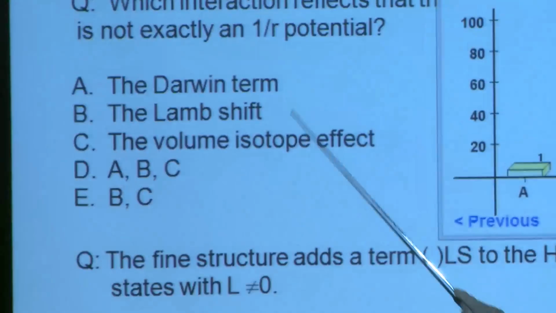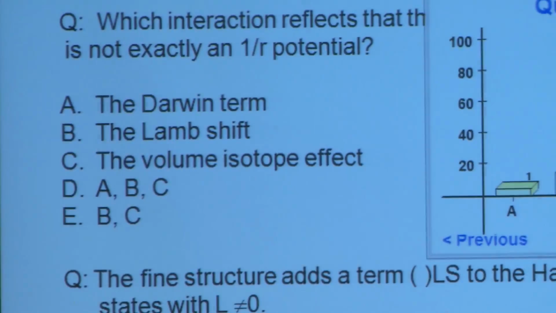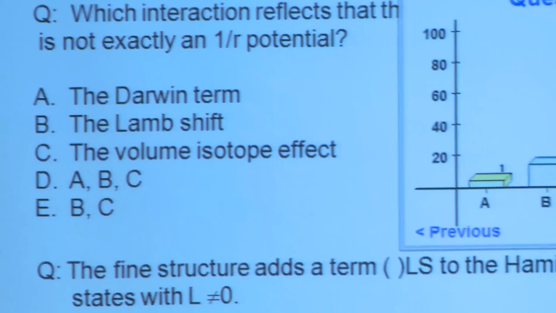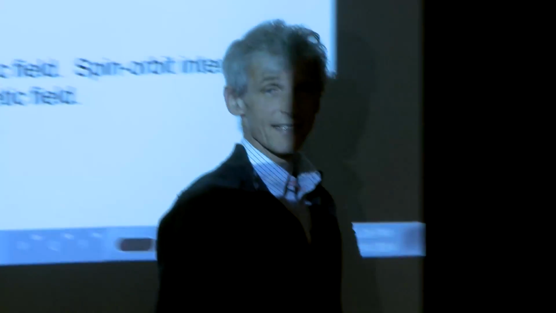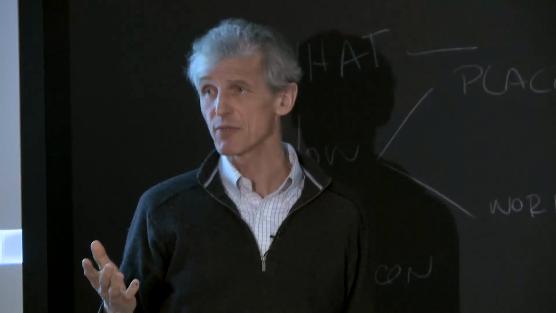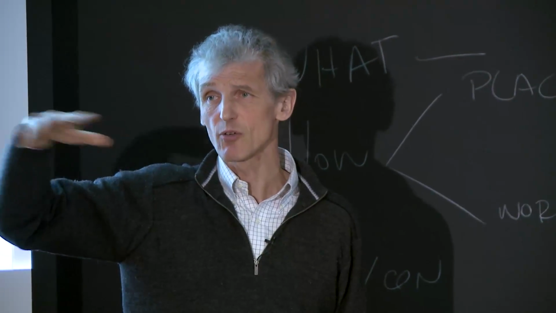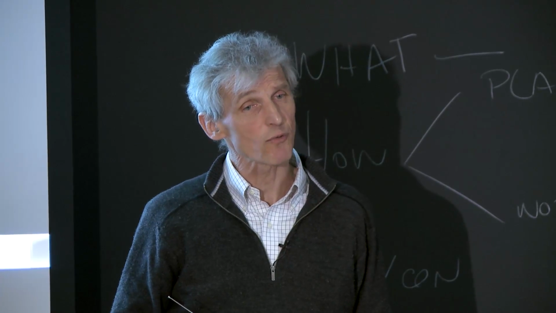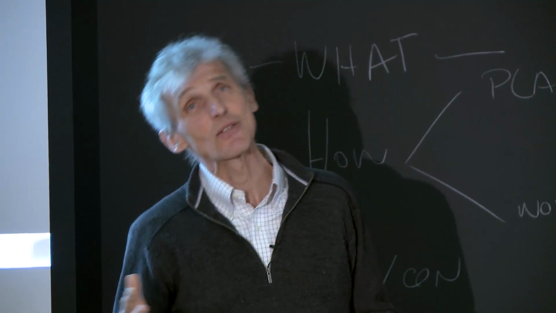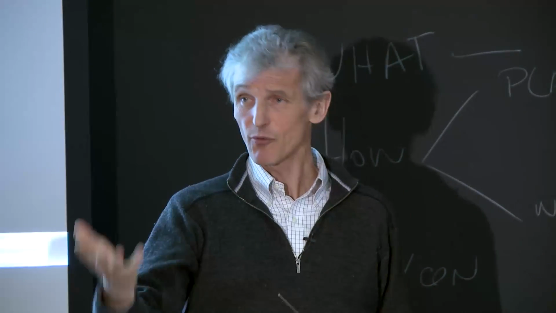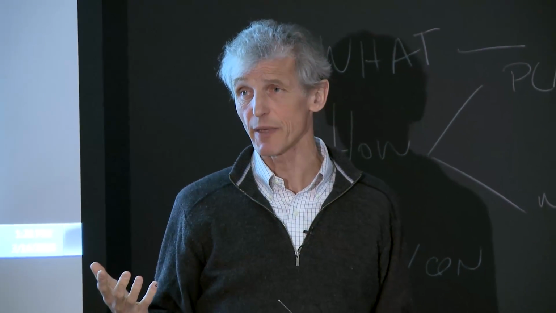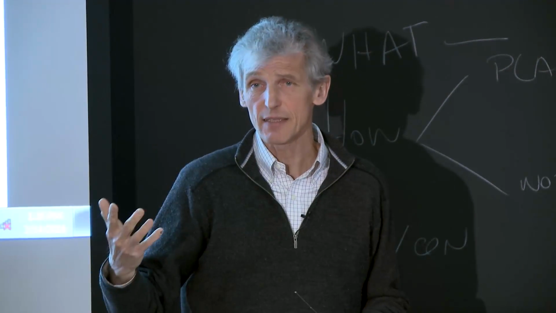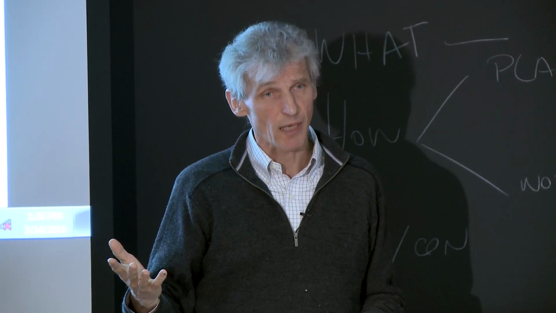The interesting question is the Darwin term, and the people who clicked D included the Darwin term. That's a little bit tricky because I explained the Darwin term as this Zitterbewegung, this trembling motion of the electron, which smears out the 1 over r potential. So you would think, coming from the non-relativistic Schrödinger equation, that there is an effect which is smearing out the 1 over r potential.